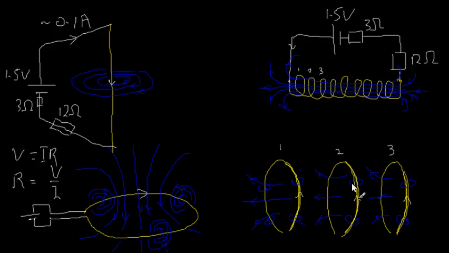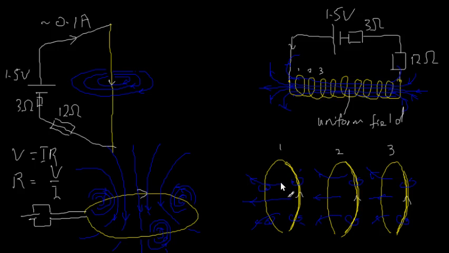And because of this, when you're in a solenoid with lots of turns very close together, the field is actually uniform. Now, if you just have a single turn, the field at the center would actually be different from the field away from the center.